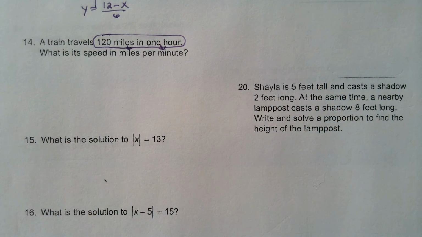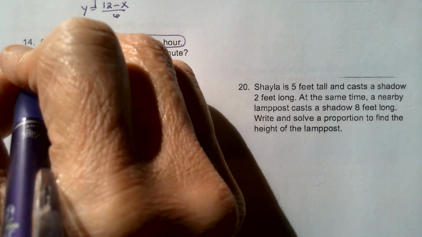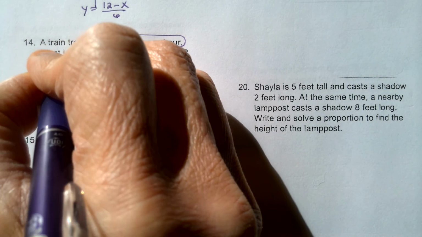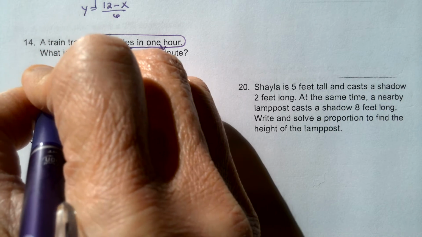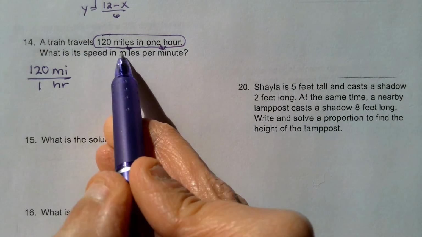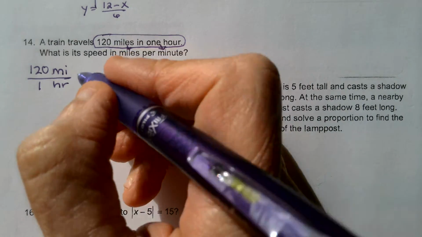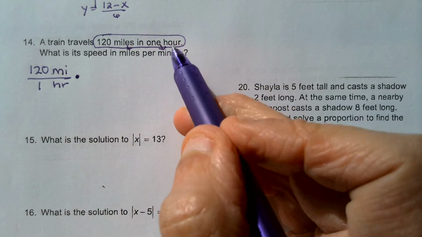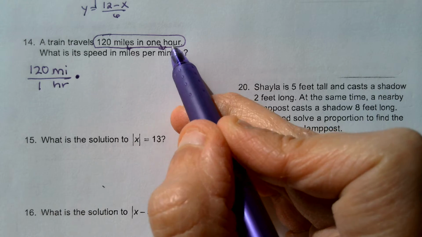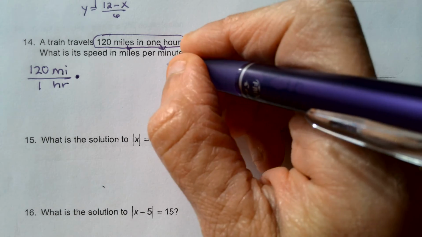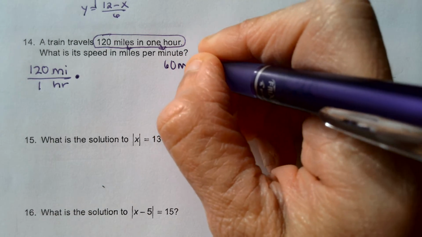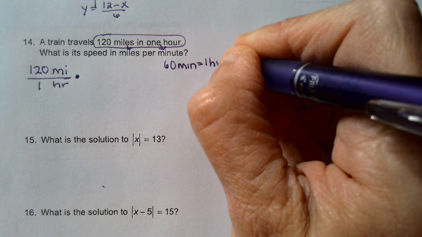It's 120 miles in 1 hour. We need miles per minute. Okay, so I need to multiply it by a conversion, hours to minutes. So you know that there are 60 minutes equal 1 hour.